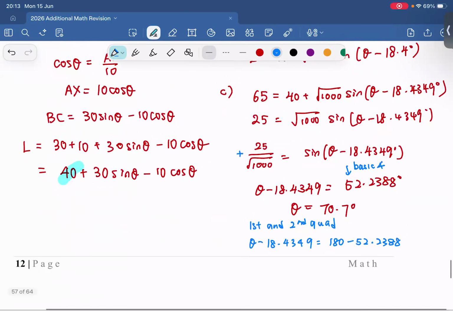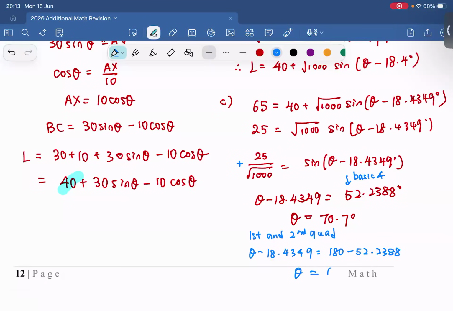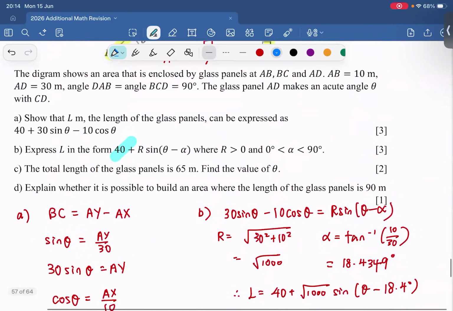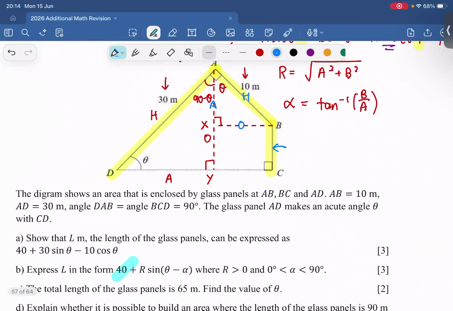But then you know that based on this, when you calculate, your theta will be an obtuse angle. The problem is why it cannot be an obtuse angle: you can see over here everything is a right-angled triangle. Theta must be a value that is between 0 and 90. If theta is not between 0 and 90, then you cannot use trigonometry in the first place.